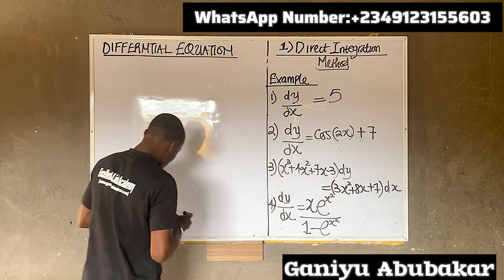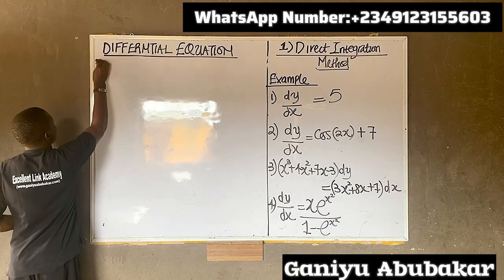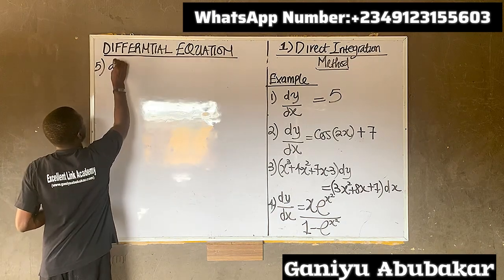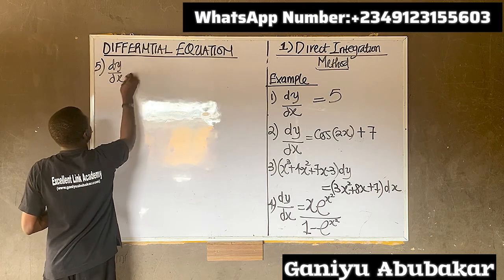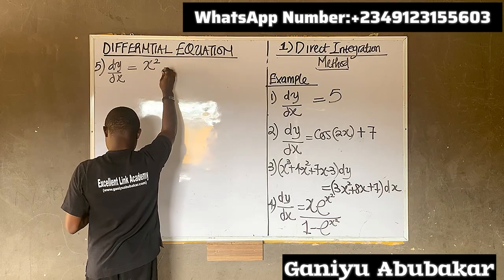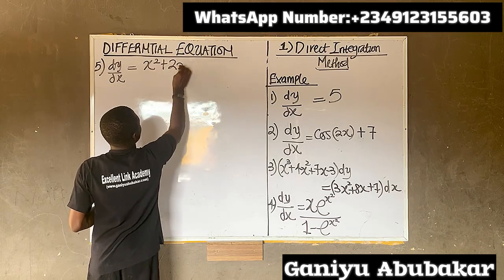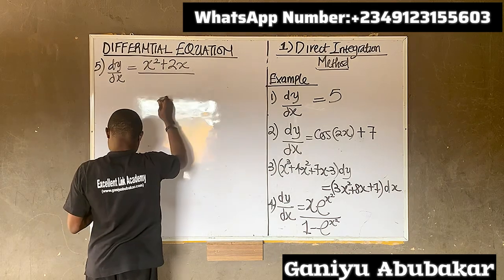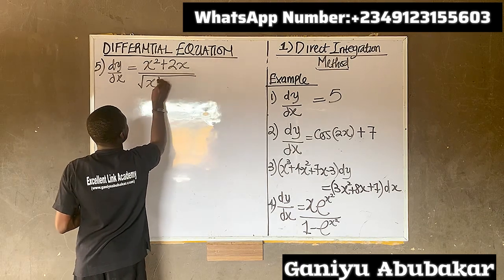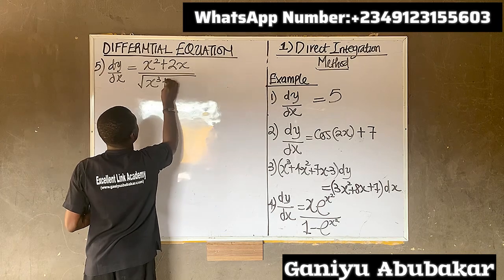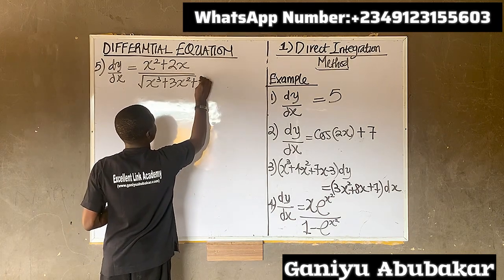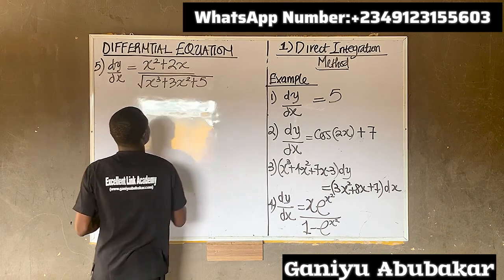Question number five, I have dy over dx is equal to x squared plus 2x all over the square root of x cubed plus 3x squared plus 5.